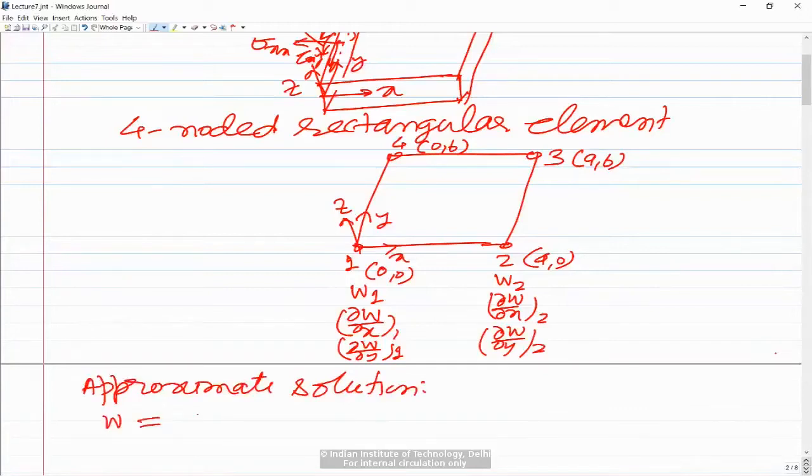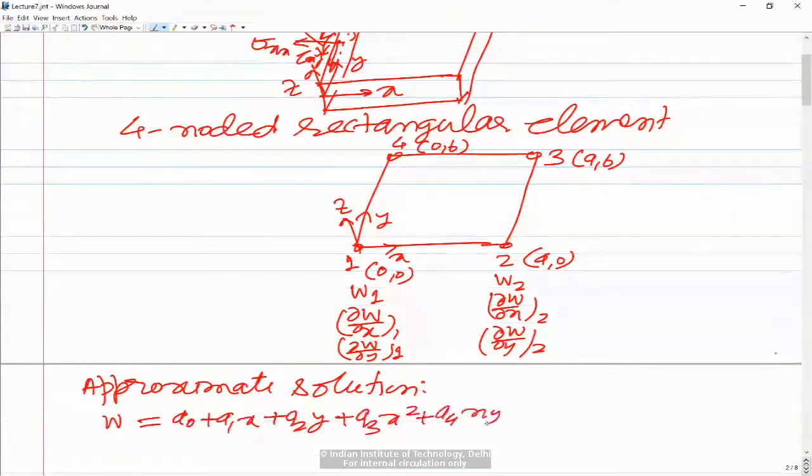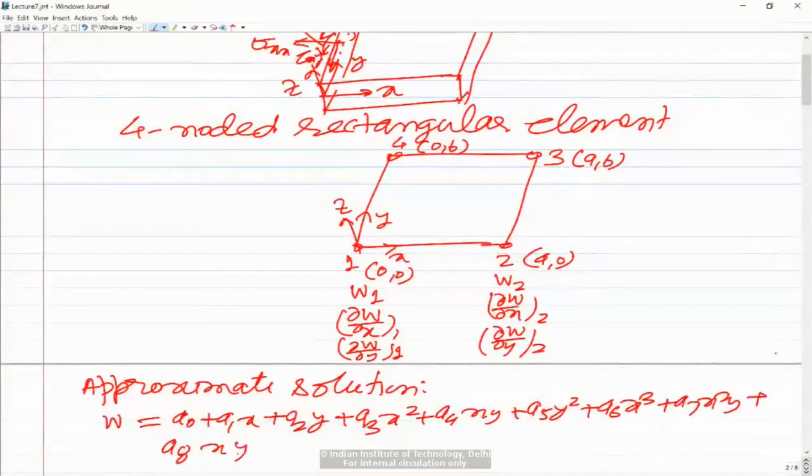So w is equal to a0 plus a1x plus a2y plus a3 x square plus a4 xy plus a5 y square plus a6 x cube plus a7 x square y plus a8 xy square plus a9 y cube plus a10 x cube y plus a11 x y cube.